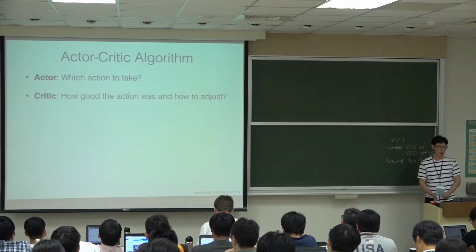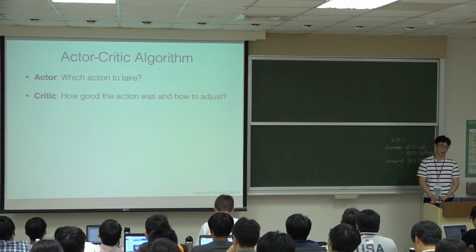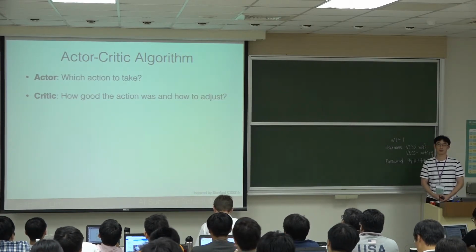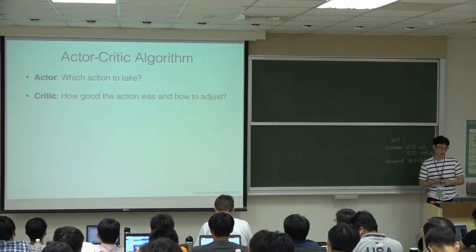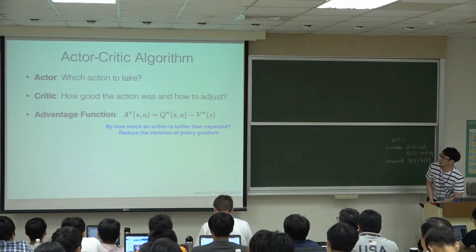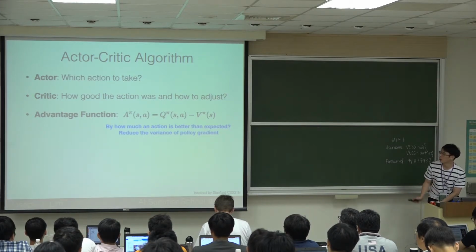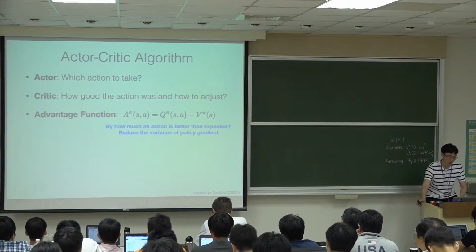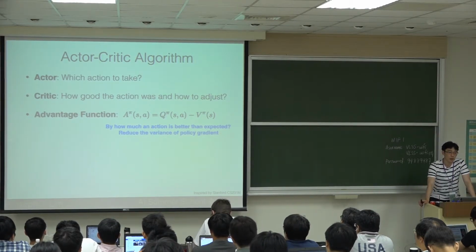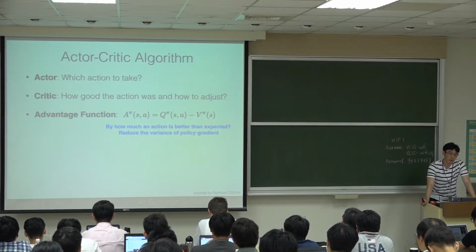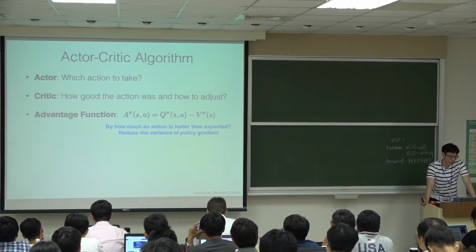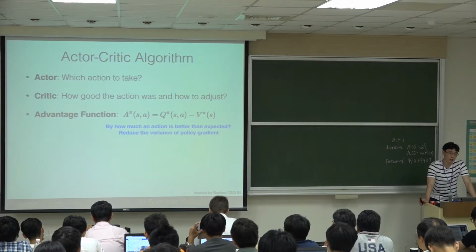Critic tells you how good the action was and how to adjust. It's a simple concept at a high level. Then you compute what we call the advantage function, which is Q value minus value function, measuring by how much an action is better than expected. You can also interpret it as reducing the variance of policy gradient.